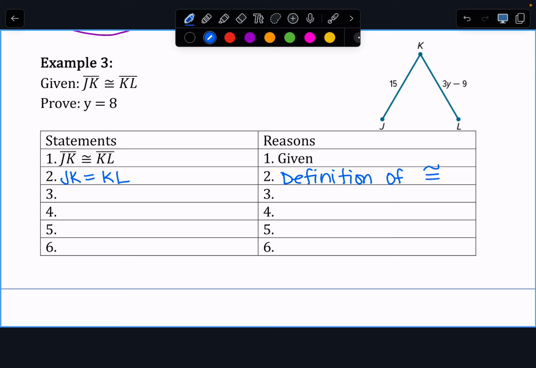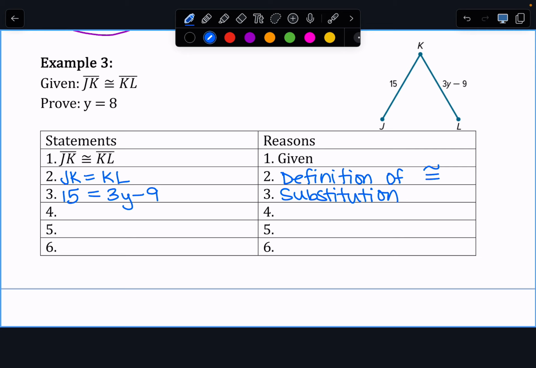All right, now what is the measure of JK? 15. The measure of KL is 3y minus 9. That is the substitution property. Okay. What shall we do next?